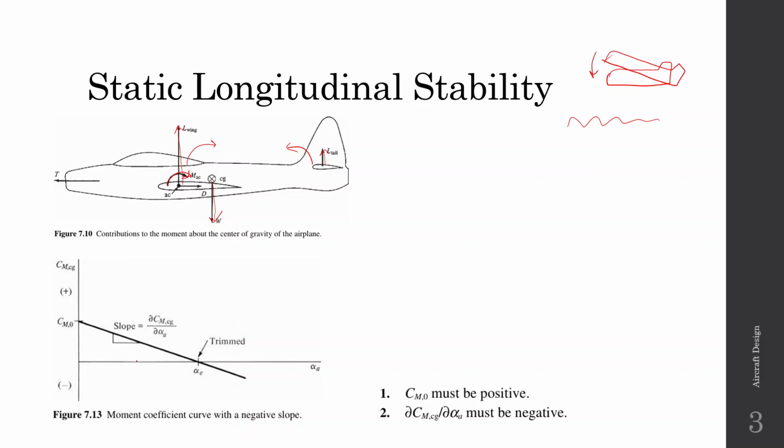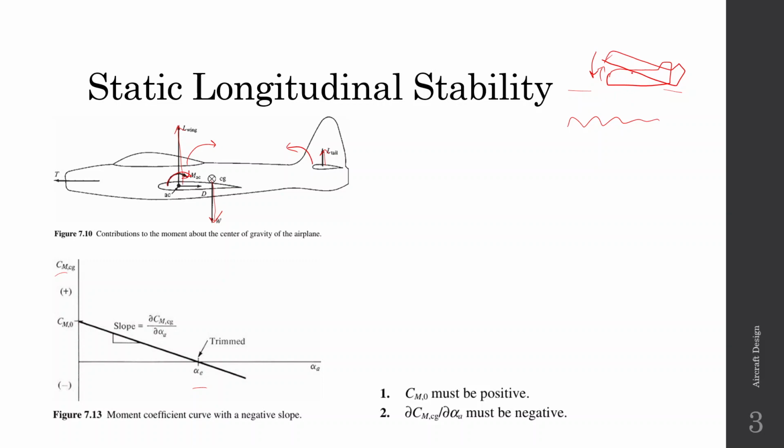Now here you can see a graph of Cm versus alpha, angle of attack. Cm means the pitching moment coefficient, and alpha is the angle of attack. What we want is that if alpha increases, in this case you can see that alpha was alpha trim, and then some wind or some disturbance caused the alpha to increase.